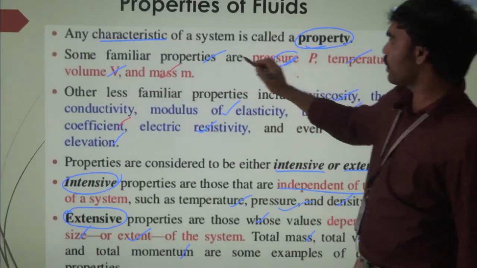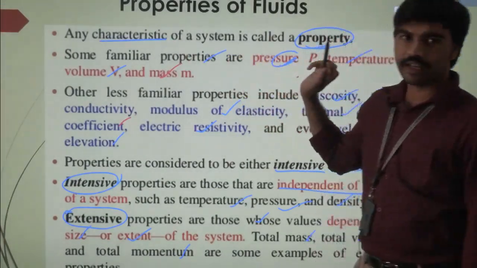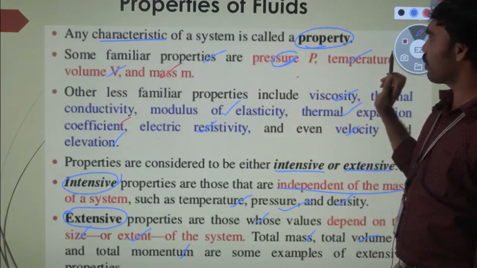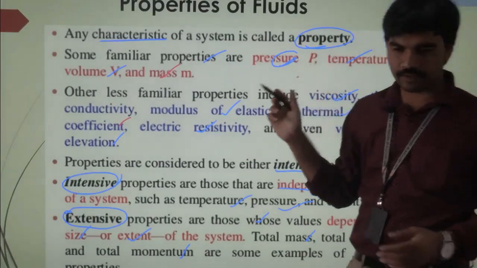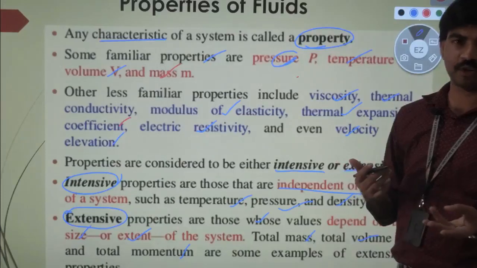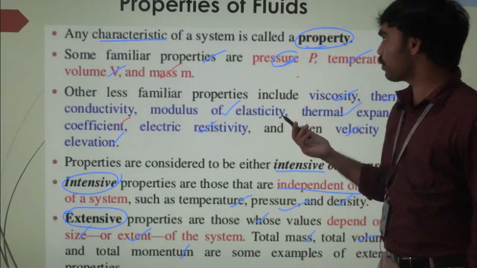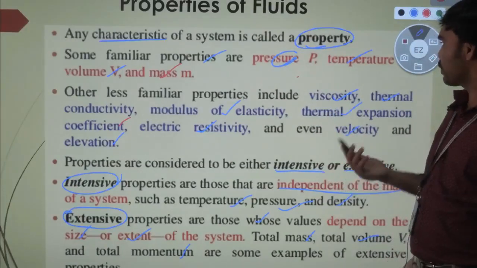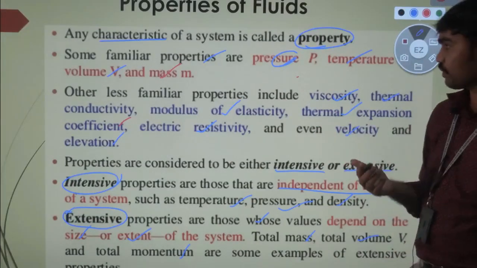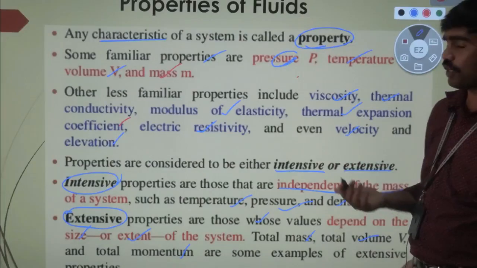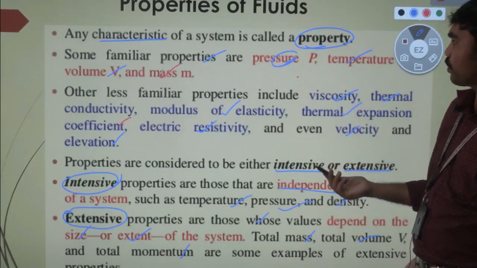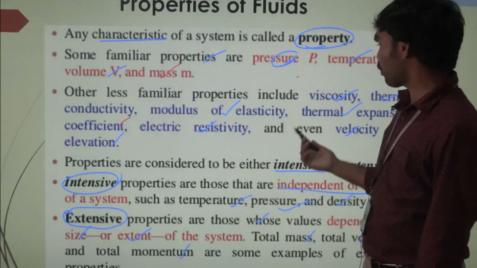Again, I will quickly revise. Any characteristic of the system you can call a property. Familiar properties like pressure, volume, temperature and mass are some examples. Viscosity, velocity, modulus of elasticity, etc. are examples of the less familiar properties.